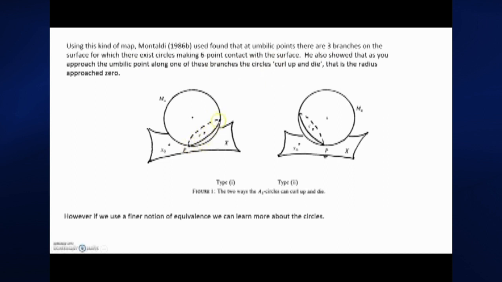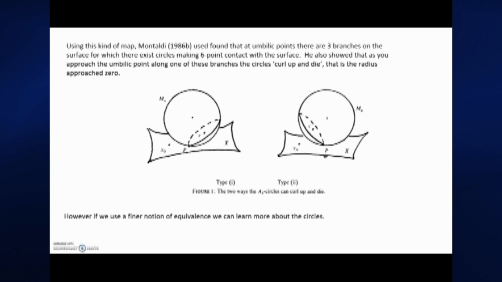Here is a circle with 6-point contact which lies on the Monge sphere, and then as you approach the umbilic point x0, this circle will collapse and shrink, and as he calls it, curling up and dying, where this circle falls either on its back and shrinks to 0, or in this case, the other scenario, it shrinks to 0 and falls on its face. And the type you get depends on the type of umbilic point, whether the umbilic point is hyperbolic or elliptic.